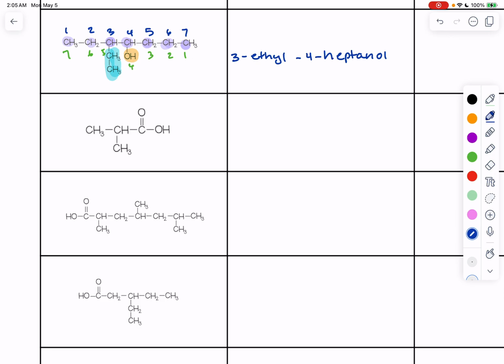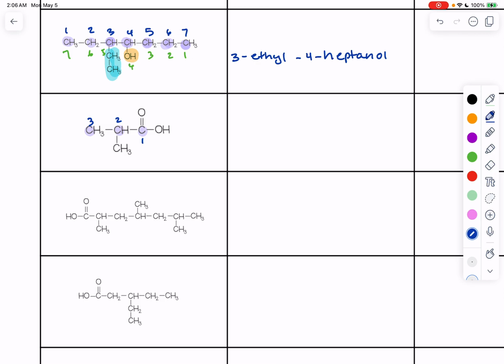Now, this next one we have 1, 2, 3 carbons. And when you have a carboxylic acid, you always start with that one as 1, 2, 3. That one is always your first carbon. Going back to our rules, that's where you first run into a substituent.